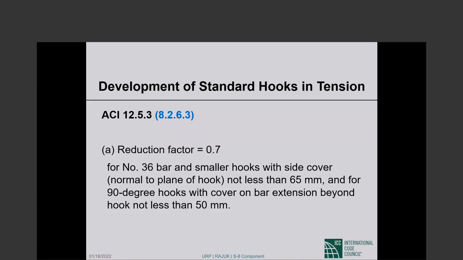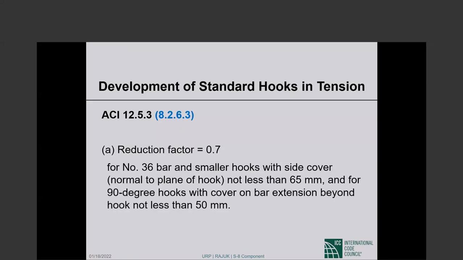with side cover, which is normal to plane of hook. Side, I think all of us understand, not less than 65 millimeters, 2.5 inches. And for 90-degree hooks with cover on bar extension beyond hook, not less than 50 millimeters. So the front cover, if you like, I don't know if upon reading this makes sense.